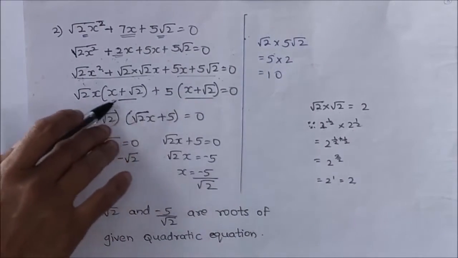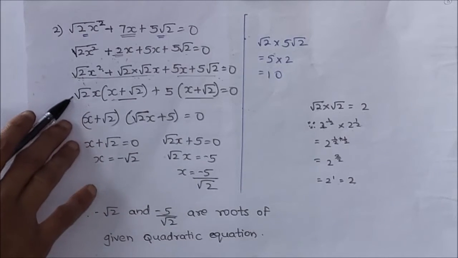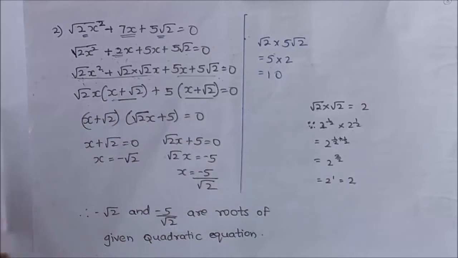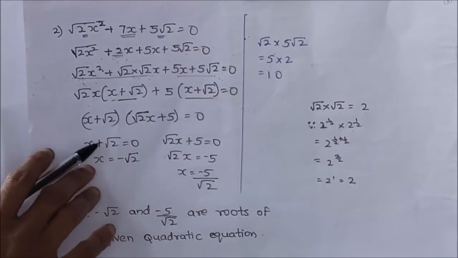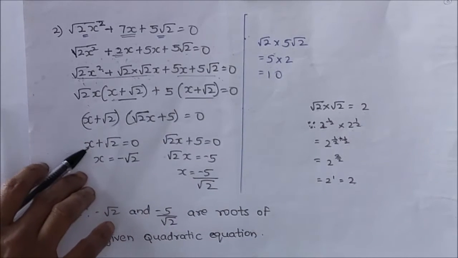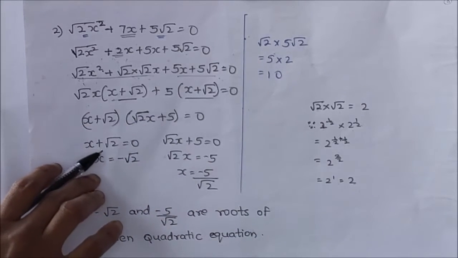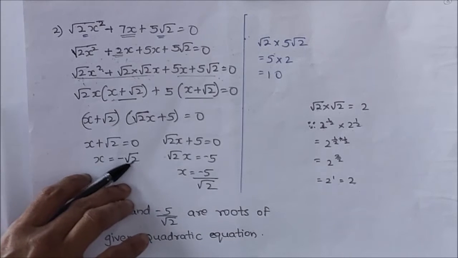Now I have got the common binomial, that is x plus root 2. The other factor is root 2x plus 5 equals 0. Now if we equate this binomial term to 0, x plus root 2 equals 0, x equals minus root 2.